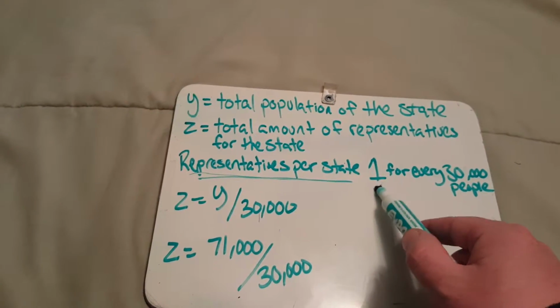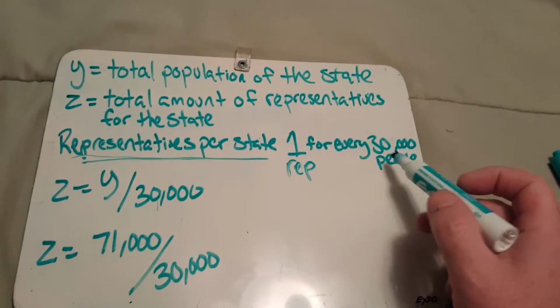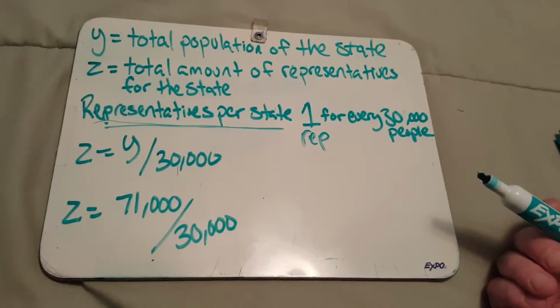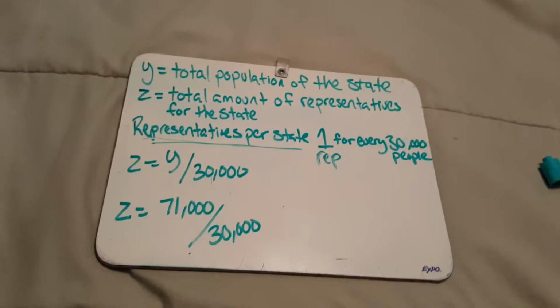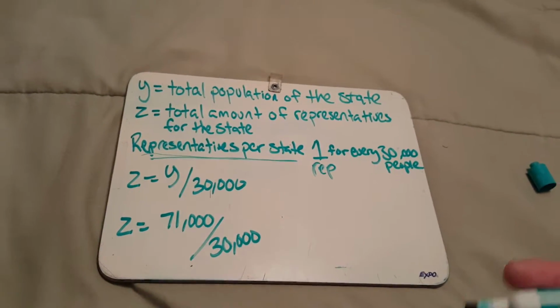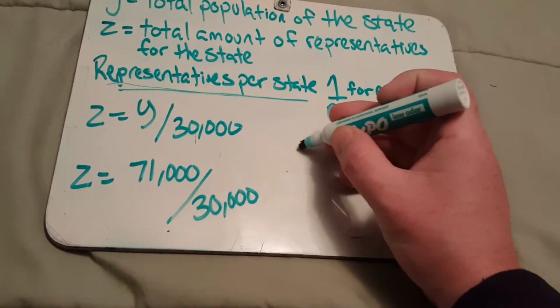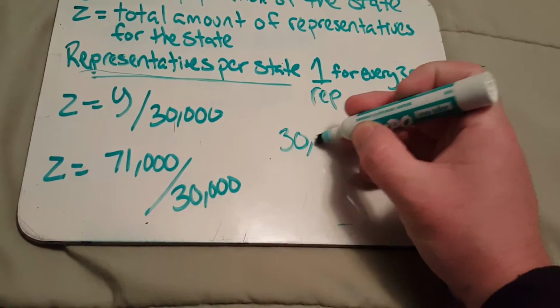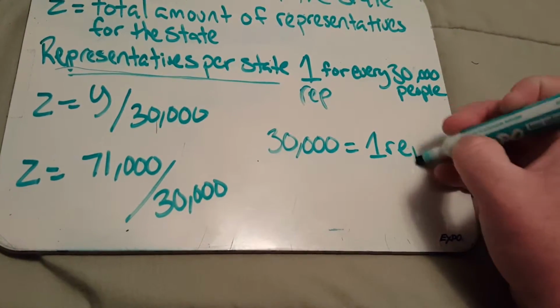One representative, so one rep, for every 30,000 people. Okay? So I look at this, and I'm like, I could do this a couple different ways, but for this number, I think I'm just going to do repeated addition. So I have 30,000 equals one rep.